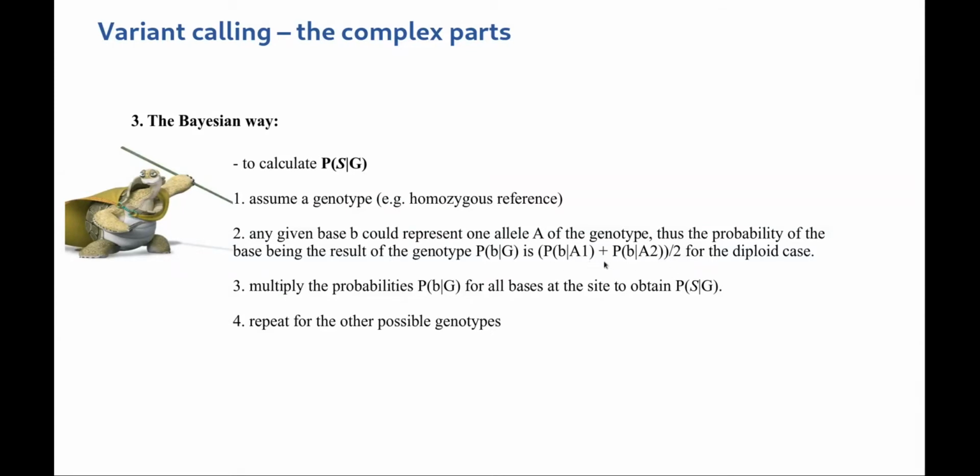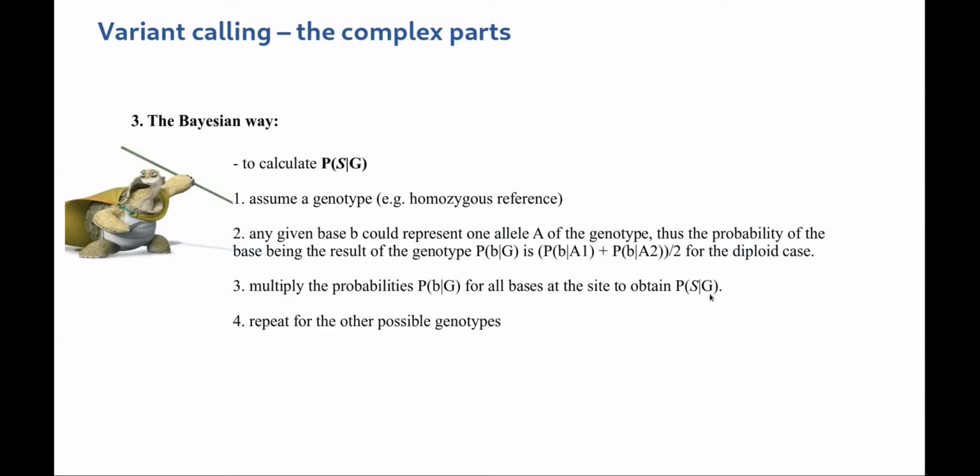The average, because you add them and you divide by 2. Then you multiply all those probabilities for all bases in this pileup column, and that's how you obtain the probability of observing the set of reads given the genotype.